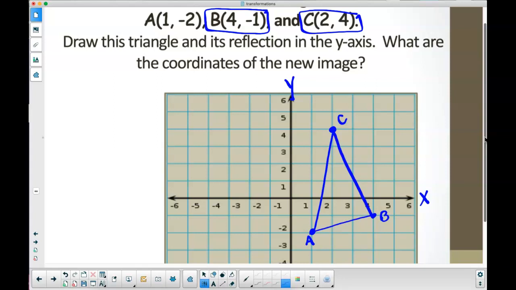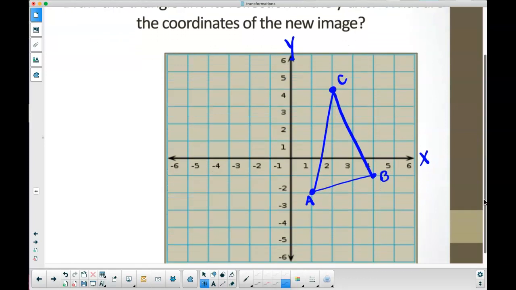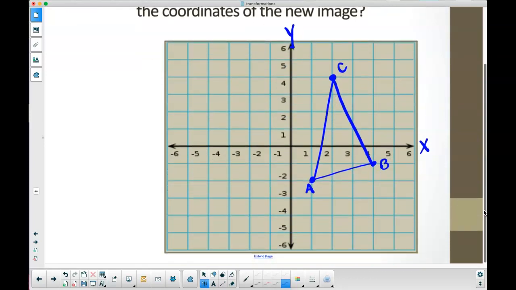Now it says reflected in the y-axis. Which way do I want to flip it? I'm reflecting it in the y-axis. Where am I going to flip it? Should I flip it this way, or should I flip it this way? Many of you were doing this, right? We're going to flip it across the y-axis. So we're going to flip it this way.